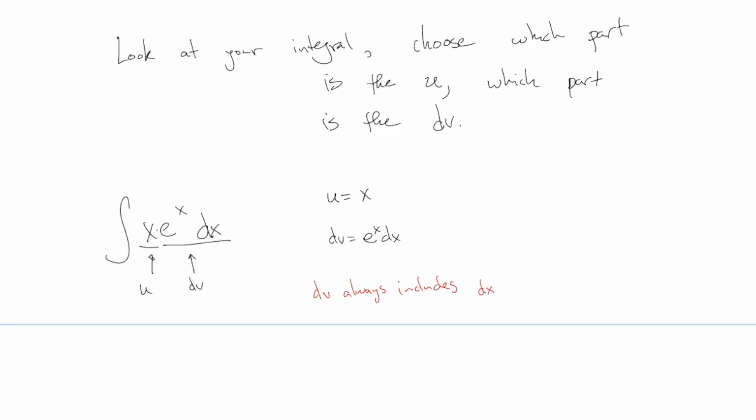Your integral that you start with always has a dx in it, and you always need to make that part of the dv part. Usually the dv part has some other stuff in there too. In this case, I chose e to the x and dx to be the dv. Those we choose from the integral, and then it's up to us to figure out the rest.